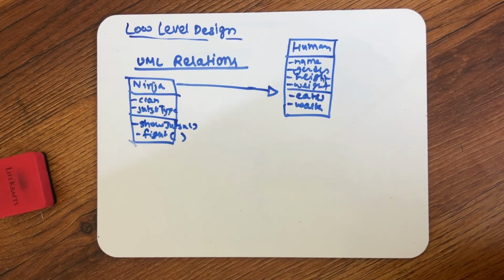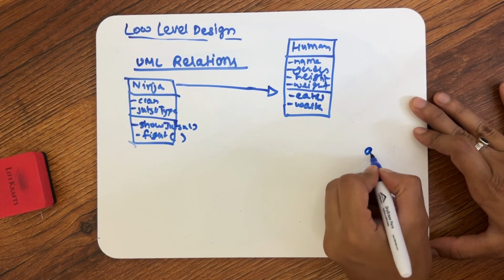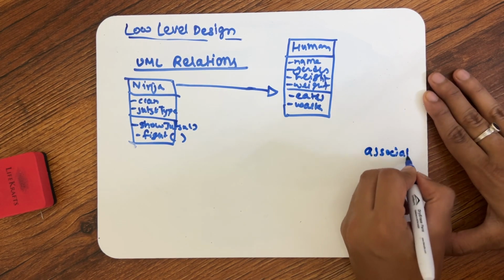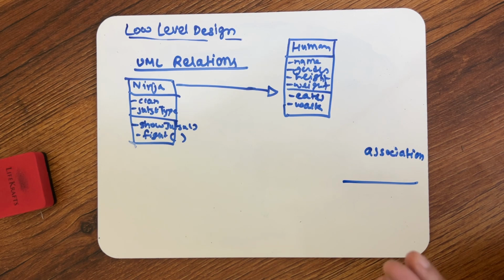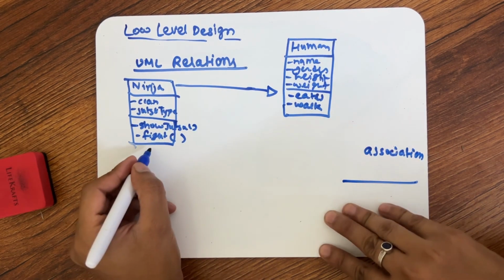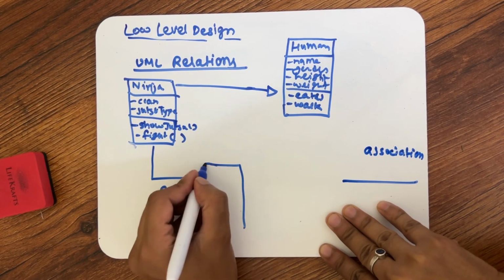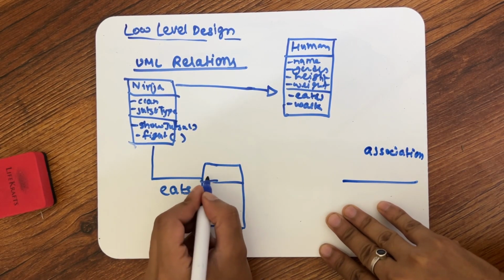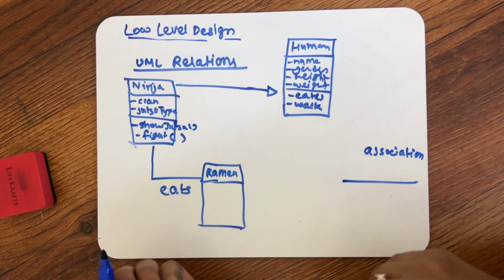Now let's know about our next relationship, which is association. Association means something that is associated to a class. For example, ninja eats ramen. If you are a Naruto fan, you must know what ramen is. Ramen is a kind of noodles.